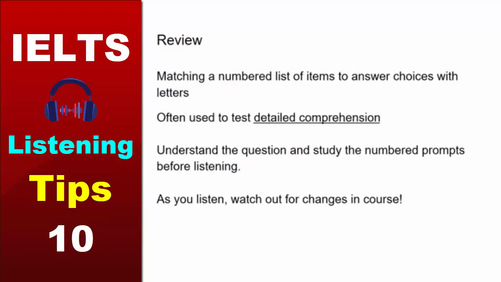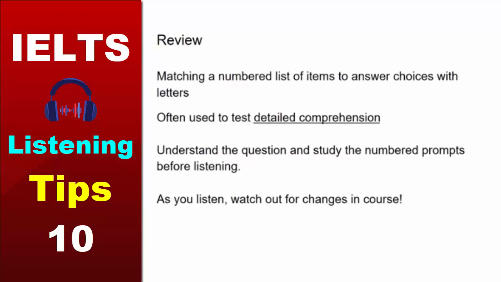Okay, so what you should try to do in the time you have to analyze and predict before you listen, you take a close look at the question, make sure you understand exactly what they're asking you to find, look at the different A, B, and C answer choices you might need to supply, but then pay close attention to your list of items. Those are the things you're going to need to track. As you listen to the speaker talking, those answers will come in order for the numbered list that you have down below.